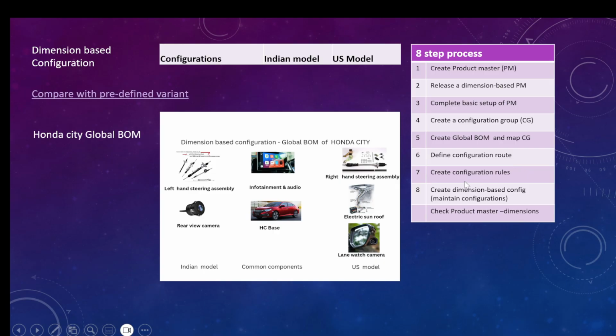And the seventh step is the configuration rules, how to select and unselect these components depending on the configuration group. And then create a dimension-based configuration. And finally, check whether our product master has been assigned the product dimensions, these two, with these two values. So that is the concept part.